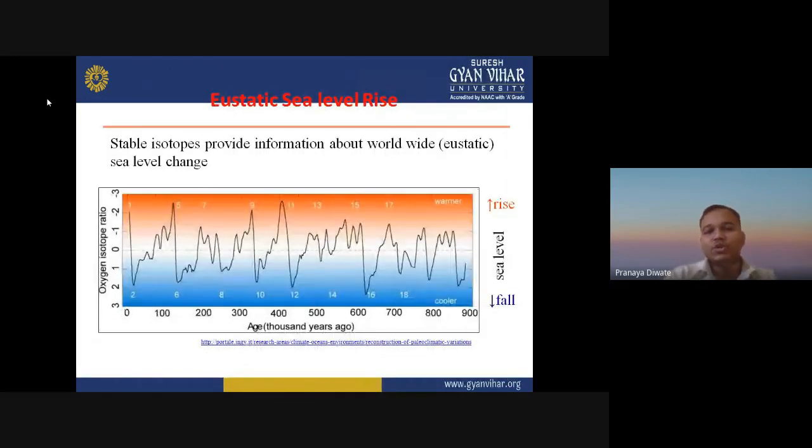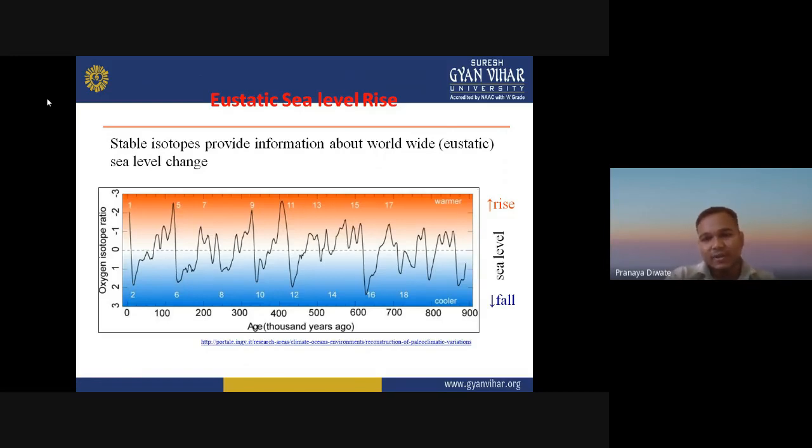Then you have eustatic sea level rises. So stable isotope provides information about worldwide sea level changes. You can see that there is a 900,000 year history.